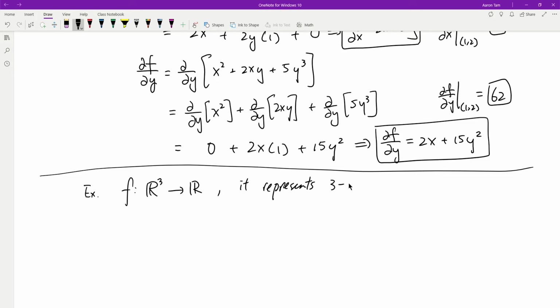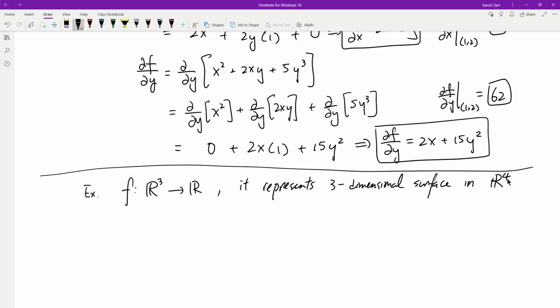This function represents a 3-dimensional surface. No, it is not a solid. Remember, the only solid that exists in a space is one with the same dimension as the space it is in. Because this particular function is in R4, unless we talk about a 4-dimensional object, then we'll refer to it as a solid in R4.